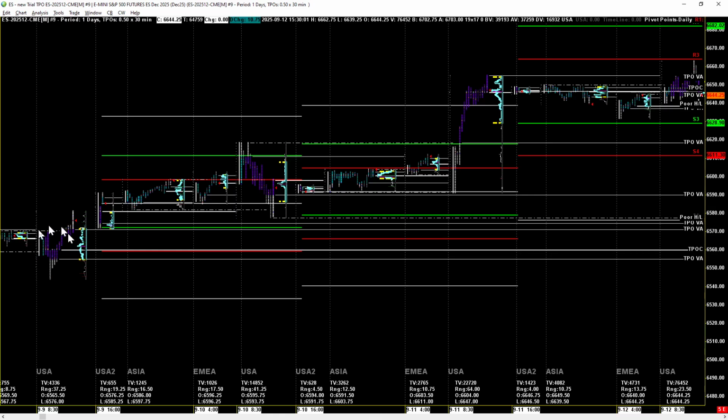Anyway, so we know this green line right here is S3. So we're looking for an S3. So this was an R4 to S3 play. It was just too high too soon. We knew we should have played from S3 to R4.